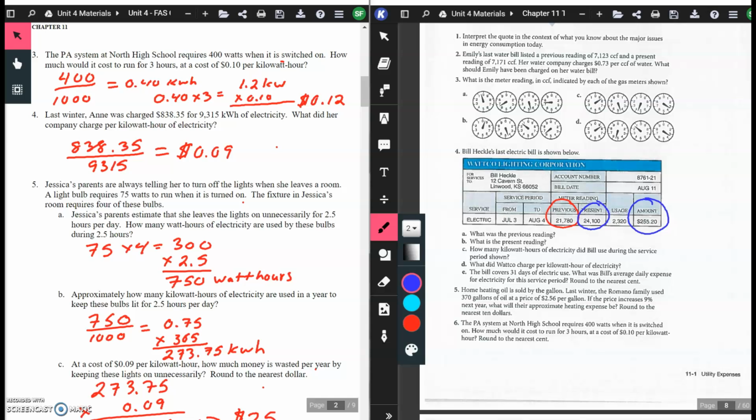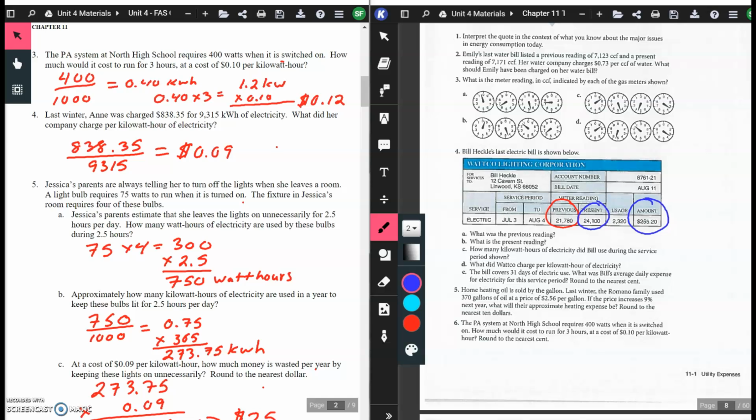We're trying to find out how many kilowatts, which gives you 0.4 kilowatts. You take your 0.4, multiply it by 3 hours, and it gives you 1.2 kilowatt hours. It costs 10 cents per kilowatt hour, so 1.2 times 0.10 is 12 cents.